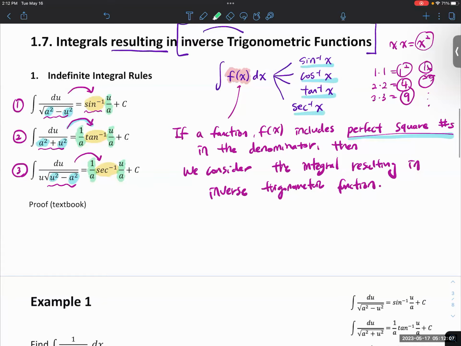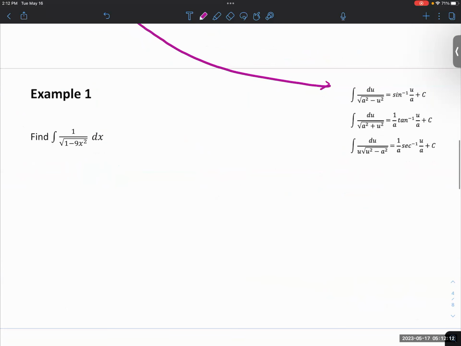And here we go, I'm going to show you the example. I already have the three techniques here, the same information, numbers 1 to 3. Let's take a look at this. Here I see 1 over radical 1 minus 9x second power. You might feel like maybe this is a composition function, as 1 minus 9x squared has been substituted into the radical. Yes, of course, you might be able to use u substitution and find the answer.